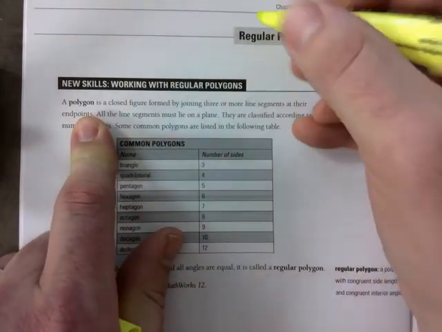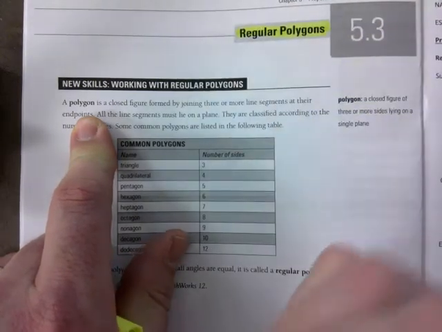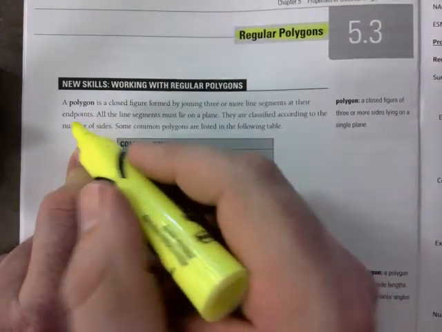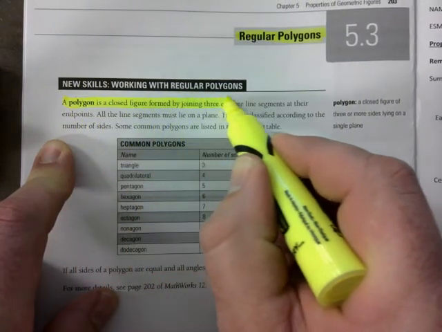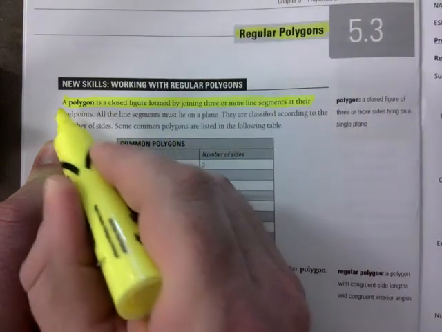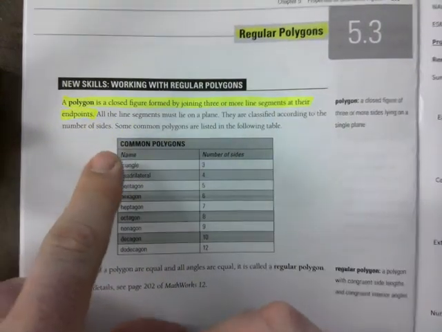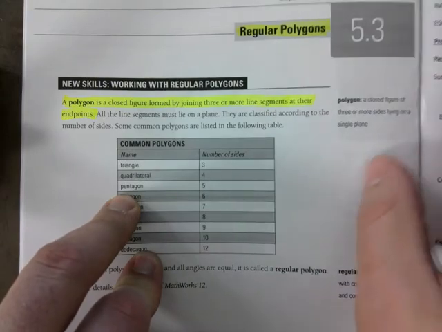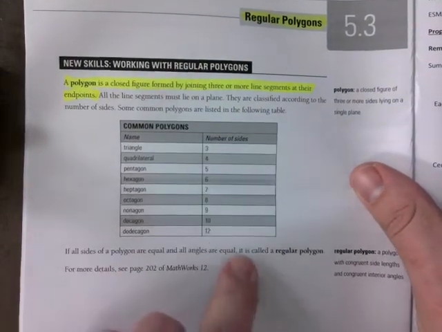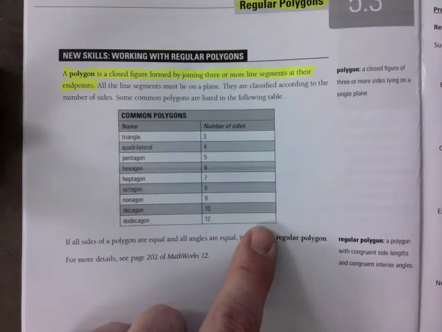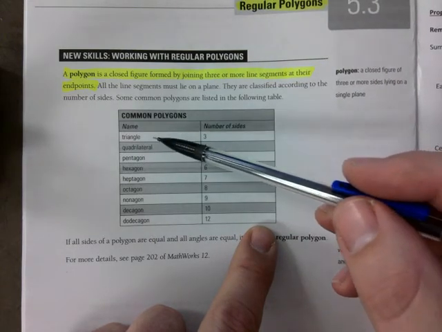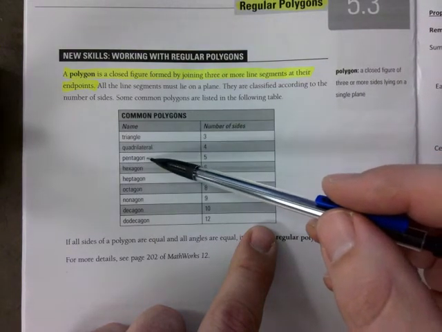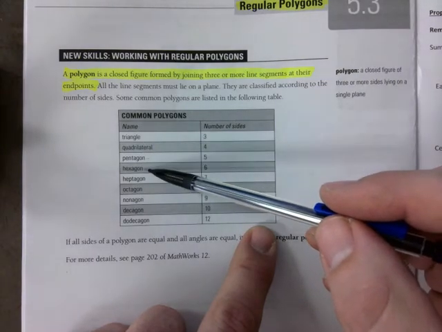I want to talk about regular polygons in particular. Here's what the definition of a polygon is. A polygon is a closed figure formed by joining 3 or more line segments at their endpoints. So polygons has everything in it, all the shapes that we've used. So we have triangle, quadrilateral, and we have pentagon, hexagon, right?